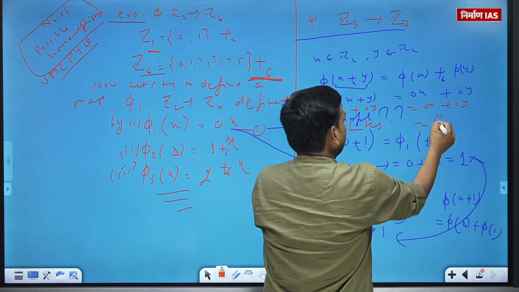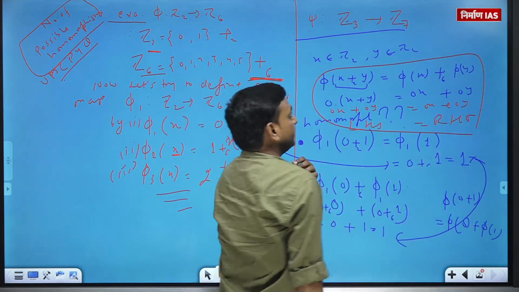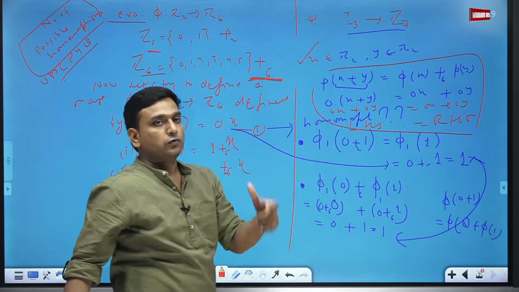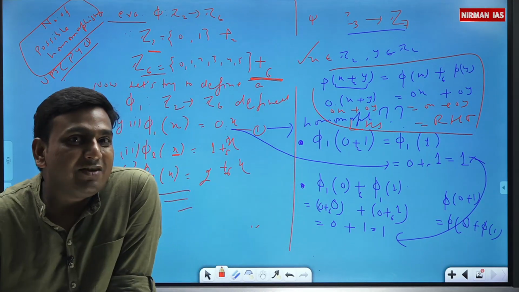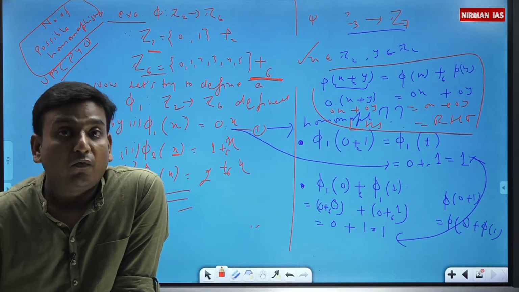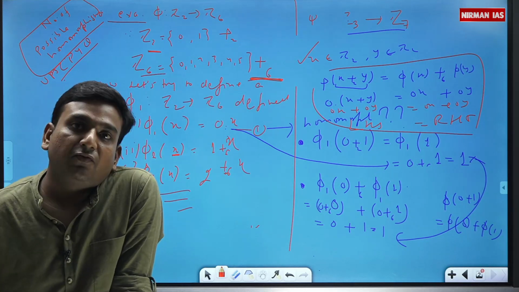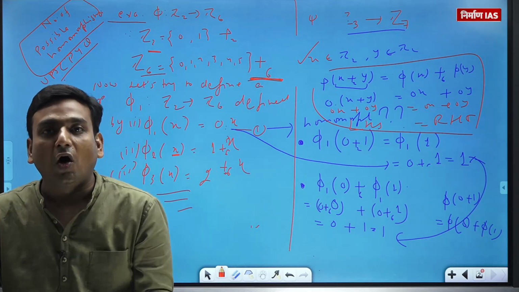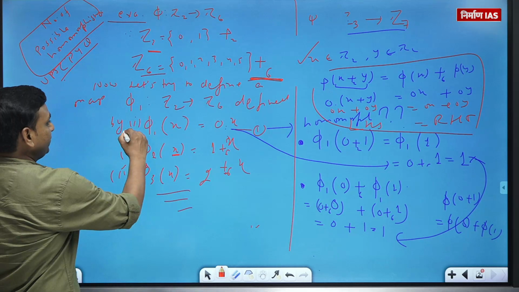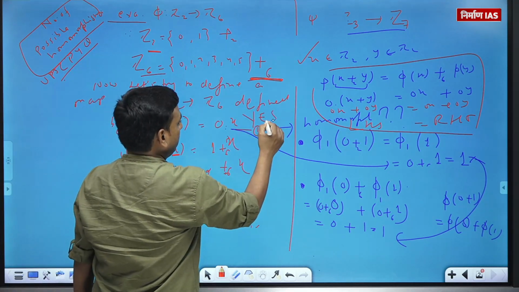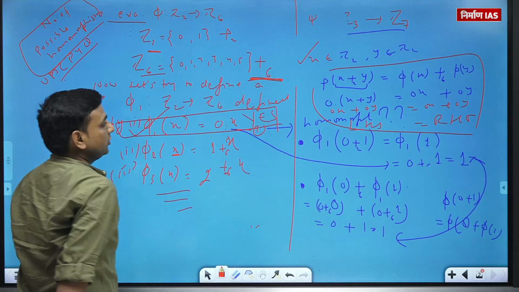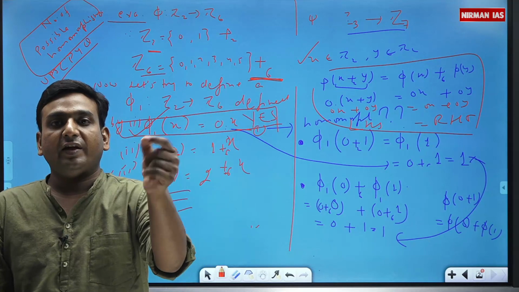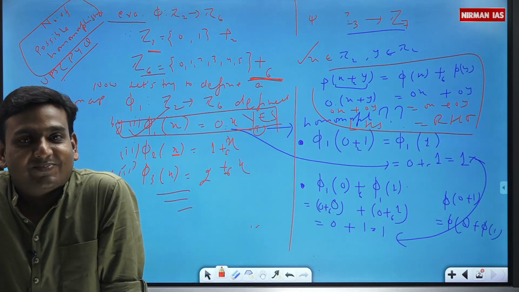So LHS equals RHS. That means for any arbitrary elements, we have shown that phi of x addition modulo 2 y is the same as phi of x addition modulo 6 phi of y. What does it show? Phi preserves the operation. So yes, this is a homomorphism. Getting? So one homomorphism you get from Z2 to Z6 is phi of x equals 0 into x. Is that clear?